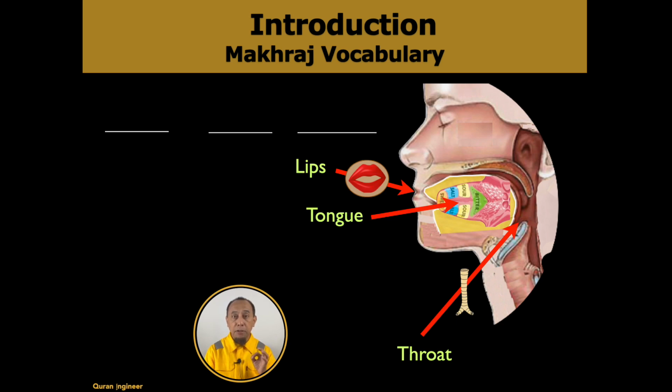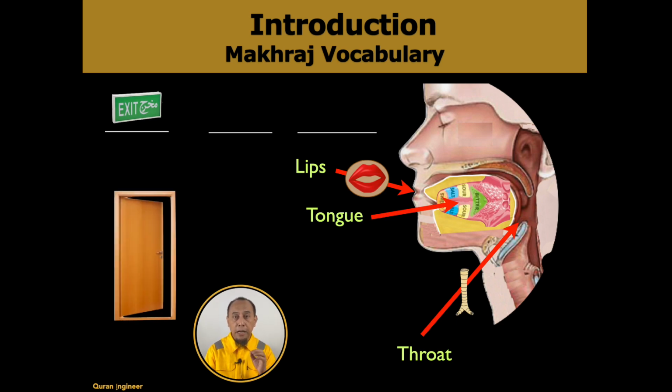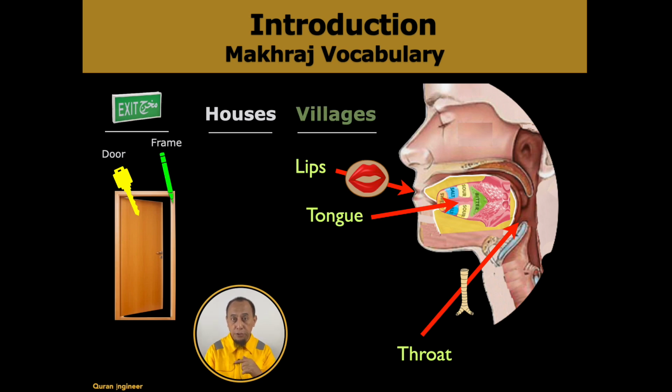And since Makhraj means place of exit, what is at an exit? Exits usually have doors with frames, and doors are typically exits of houses. A few houses can make a village, so lips, tongue, and throat are labeled here as villages.